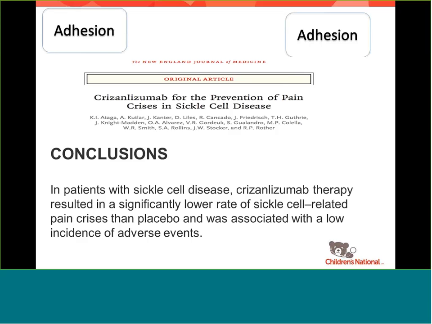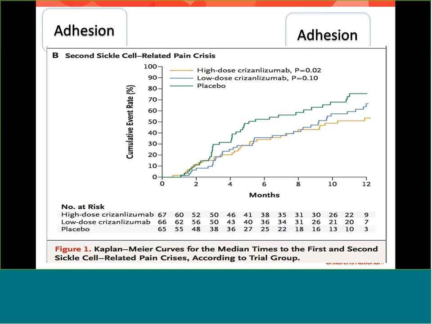And so basically in this study, crizanlizumab therapy resulted in significantly lower sickle cell-related pain crisis versus placebo. This was published in December of 2016 in the New England Journal of Medicine. And just to show you, look at these Kaplan-Meier curves for median times from first to second sickle cell-related pain crisis.